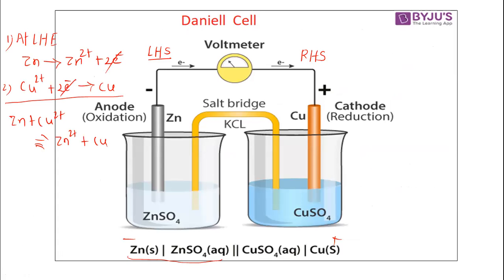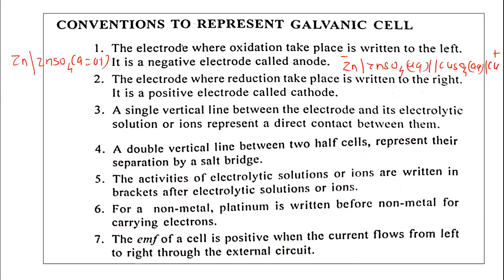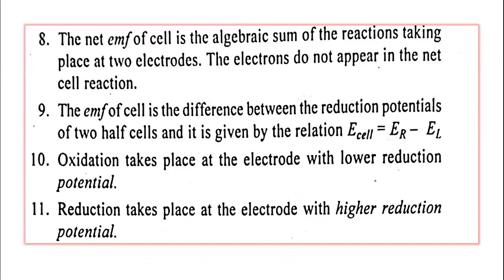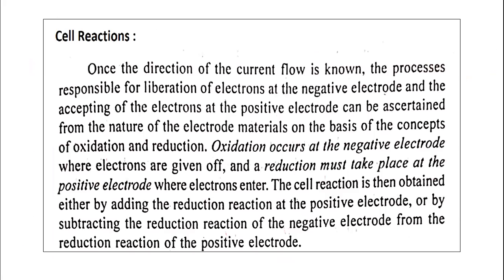Now, how to write the cell reaction of the galvanic cell? We know that oxidation takes place at the anode, at the left hand side electrode, and reduction takes place at the right hand side electrode.